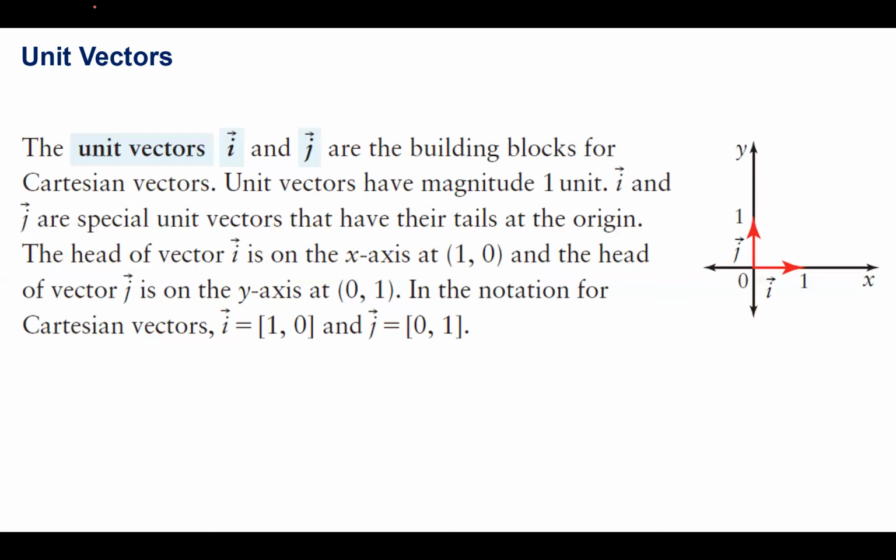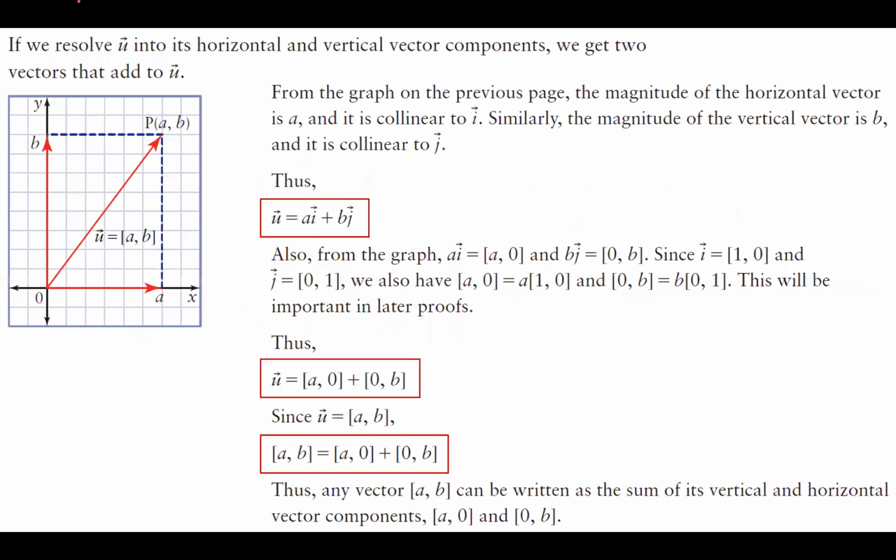Okay, have you finished? So if we resolve vector U into its horizontal and vertical vector components, then we get two vectors that add to vector U, right? From the graph on the left.